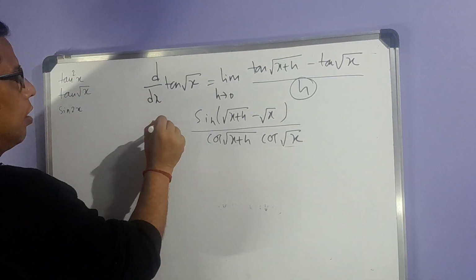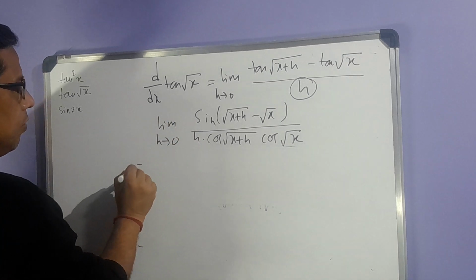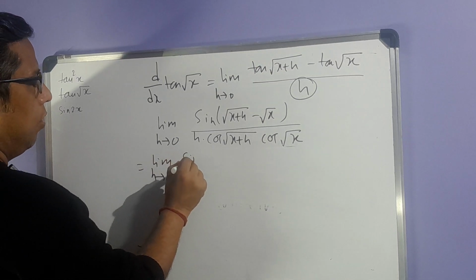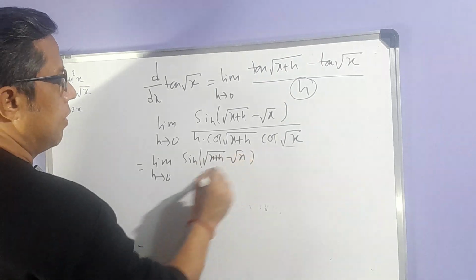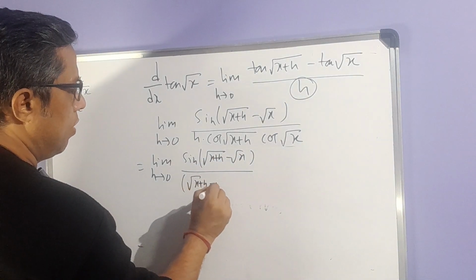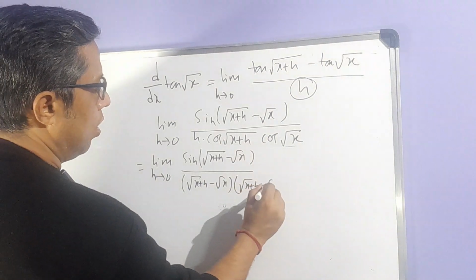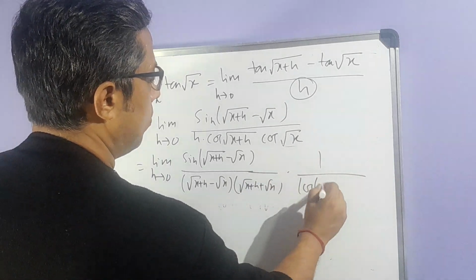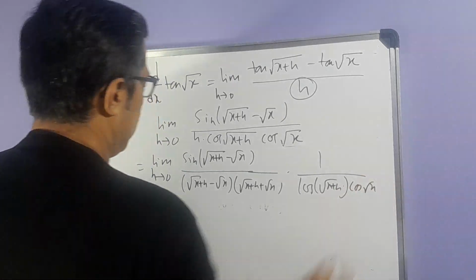So limit h tends to 0, sine of root over of x plus h minus root x divided by root over of x plus h minus root x, into root over of x plus h plus root x, into 1 by cos of root x plus h, cos of root x.